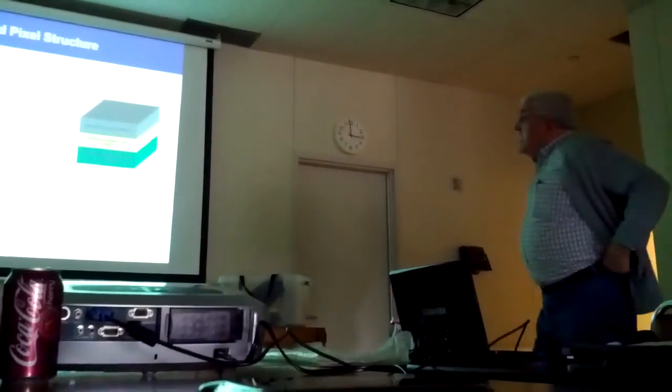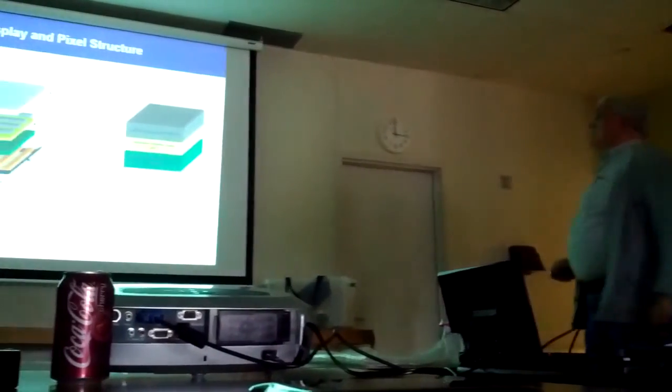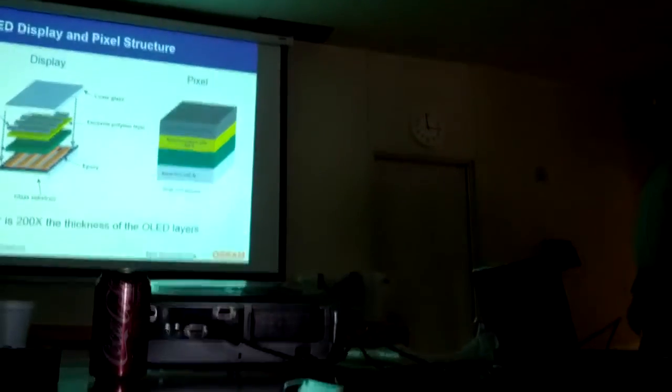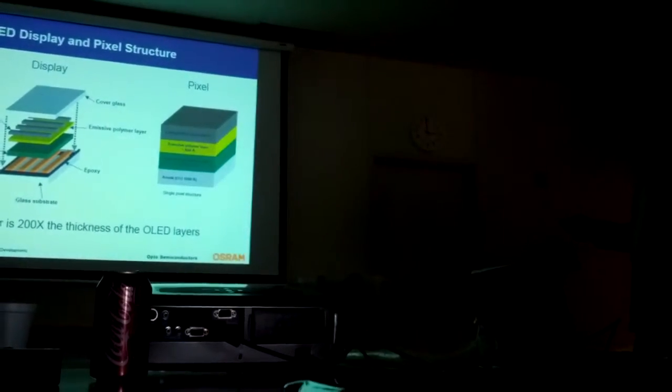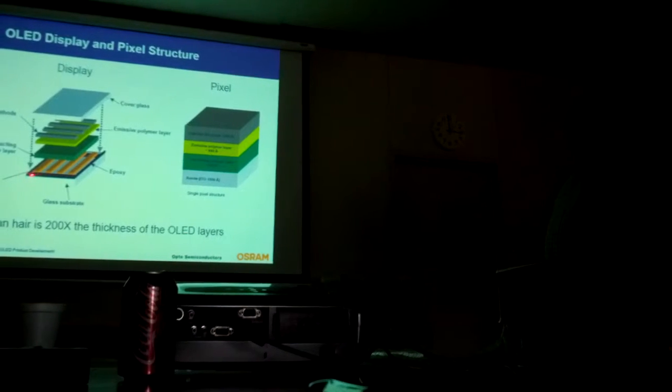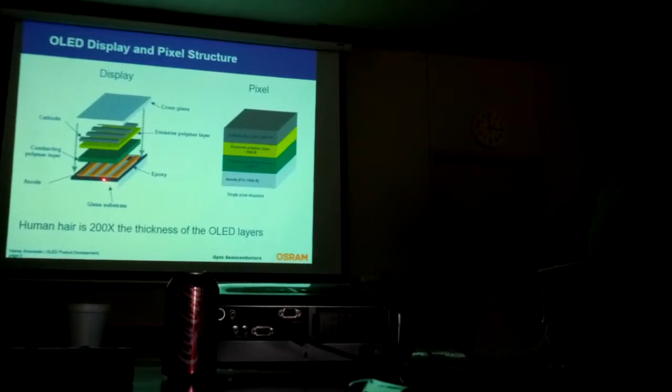So let's take a look at how this works. Essentially, you have a light emitting diode that's built just a little bit differently. You've got an anode down here that a positive charge is applied to. You've got a cathode that a negative charge is applied to.